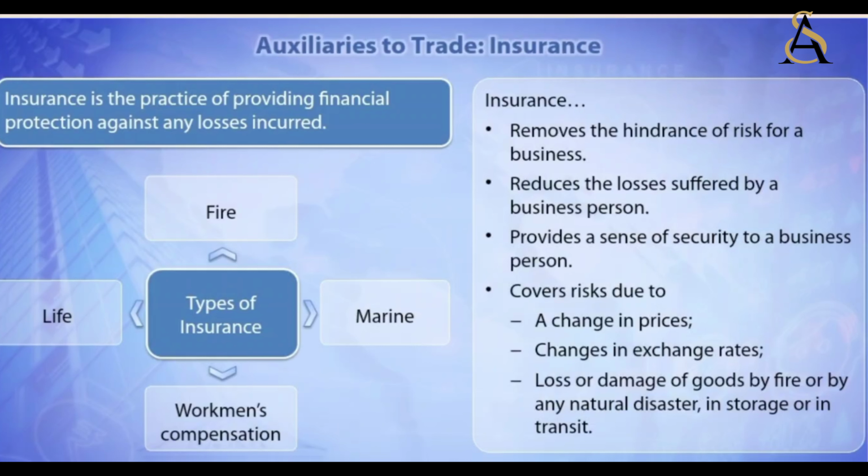It reduces the losses suffered by a business person. It provides a sense of security to a business person. It covers risk due to change in prices, change in exchange rates, or loss or damage of goods by fire or by any other natural disaster in storage or in transit. Insurance means a coverage.